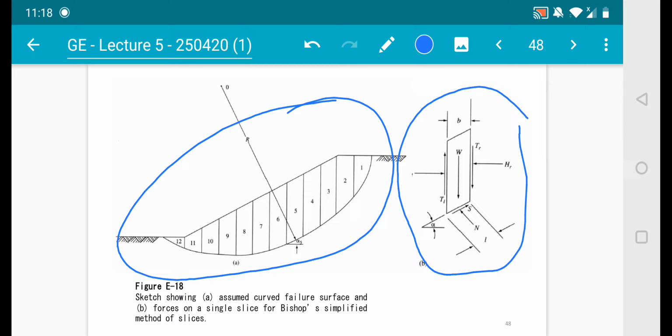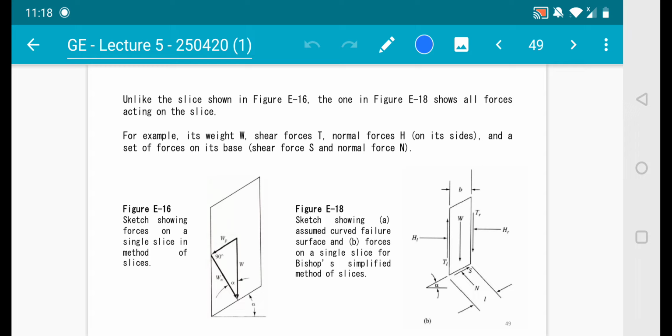You have W, you have a capital T, you have a capital S. There's a lot of contribution from different types of forces. Now let's understand by making a comparative figure to show how it actually differs.